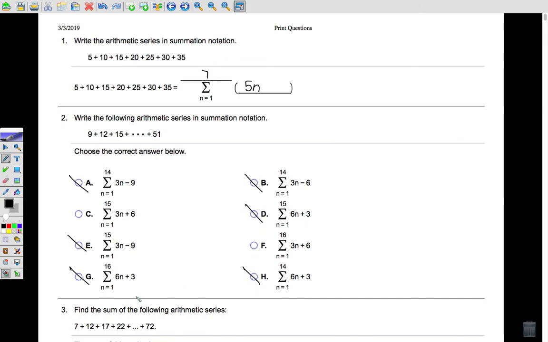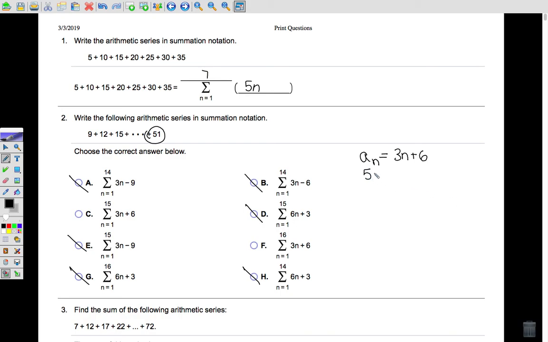So now you're left with C and F. So now you just have to figure out, are there 15 terms or are there 16 terms? So you're trying to figure out, is 51 the 15th term or the 16th term? Well, you already know, based on process of elimination, that 3n plus 6 is your explicit formula.